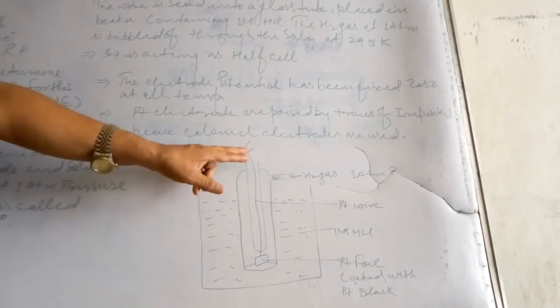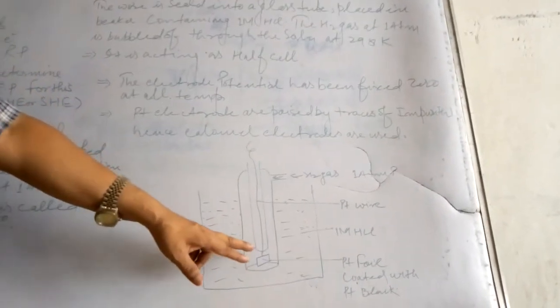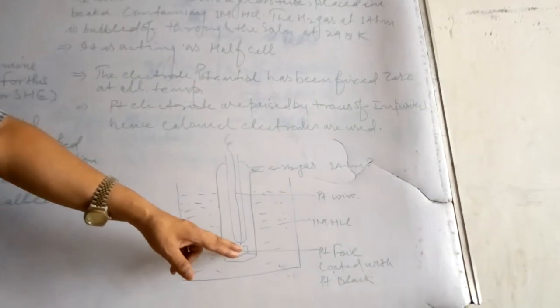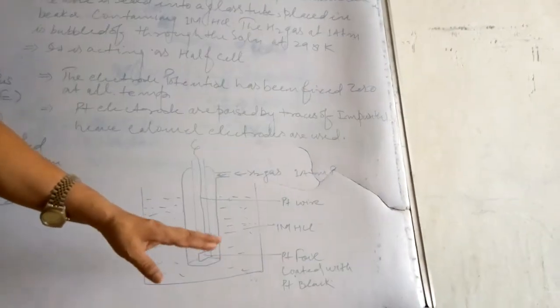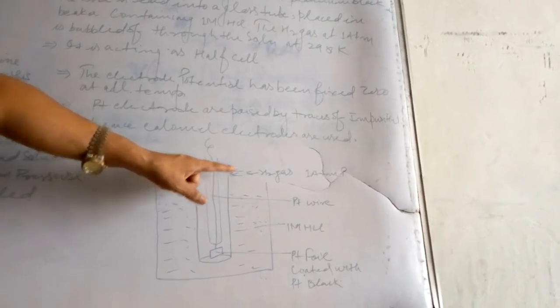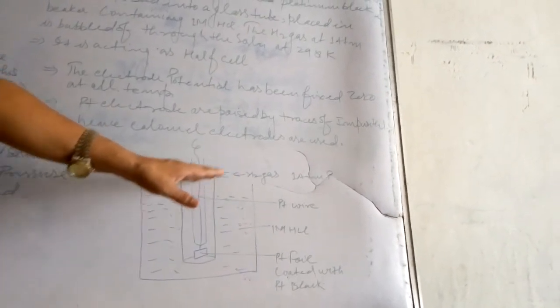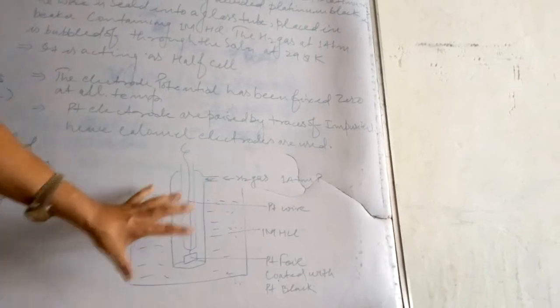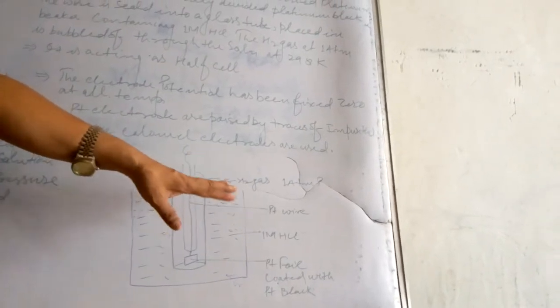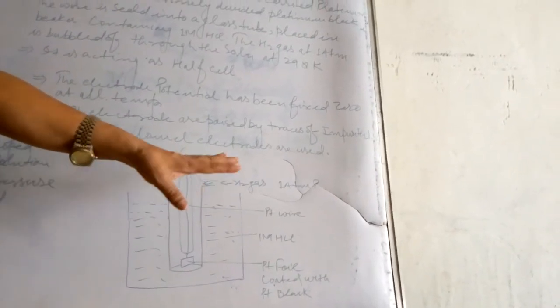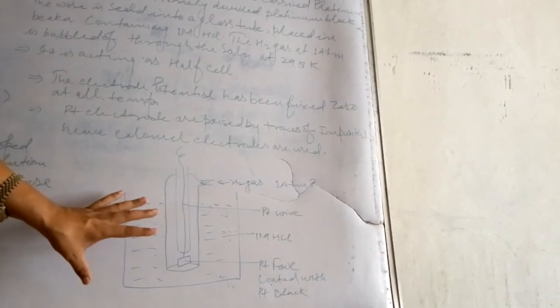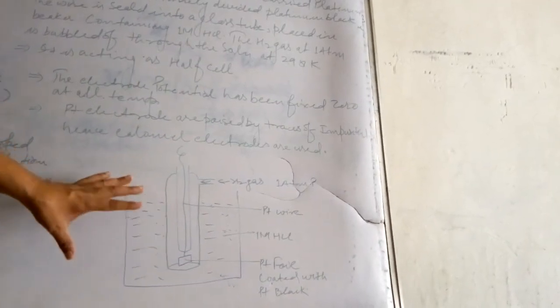Inside this there is a platinum wire, and here it is a platinum wire coated with platinum black. This is a device by which we can bubble up hydrogen gas in the reference electrode at the temperature 298 Kelvin and 1 atmospheric pressure. So this is the structure. You have to remember it, learn it, and practice it.